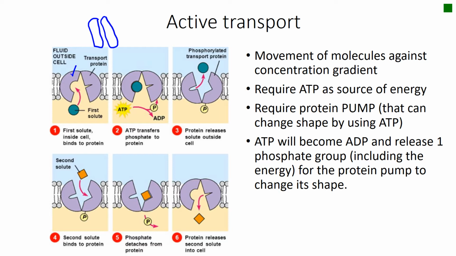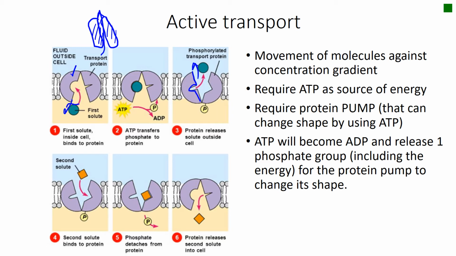Yes, the difference is that in a protein channel, the protein remains passive, remains the same. It just facilitates. However, in active transport, you can see in diagram number 3 that the protein pump changed its shape. In the first diagram, the protein pump is facing inwards, while in diagram number 3, it is facing outwards, or the exterior of the cell.